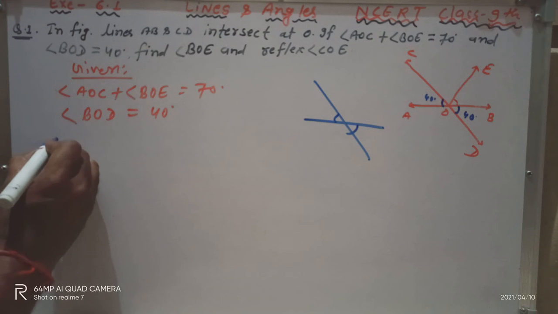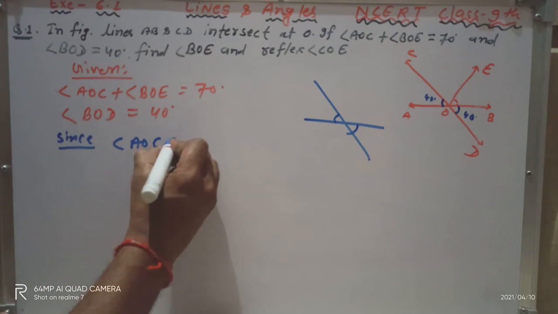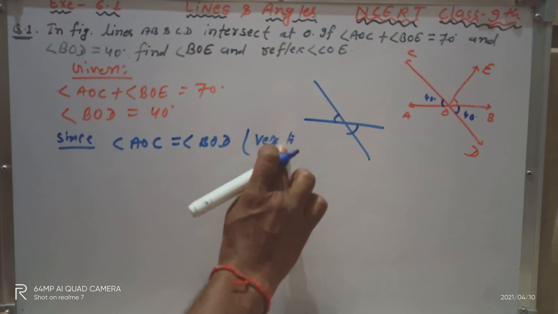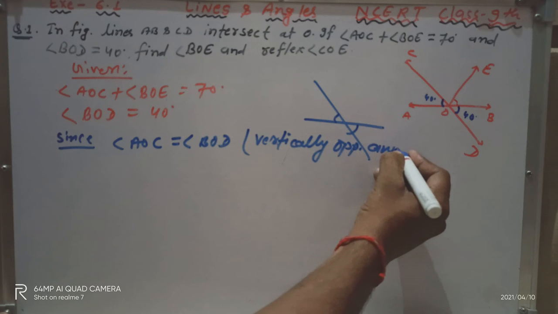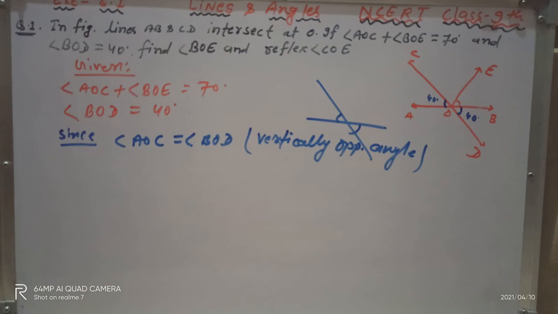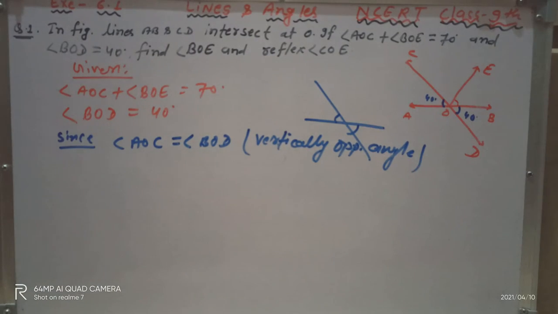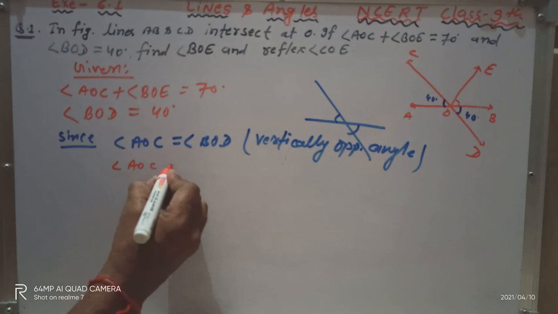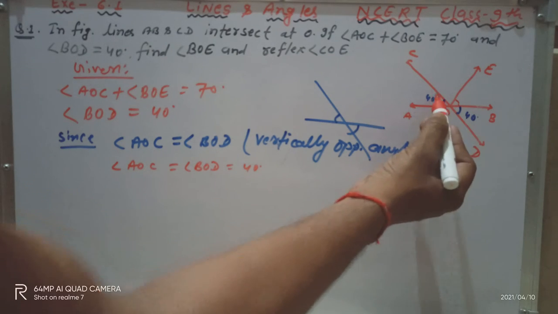So we can write: angle AOC equals angle BOD by vertically opposite angles. So angle AOC equals angle BOD equals 40 degrees.